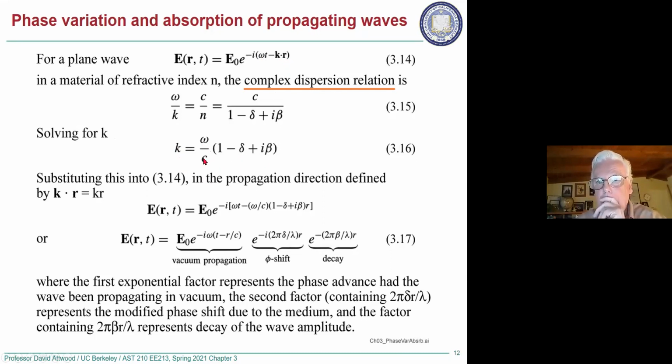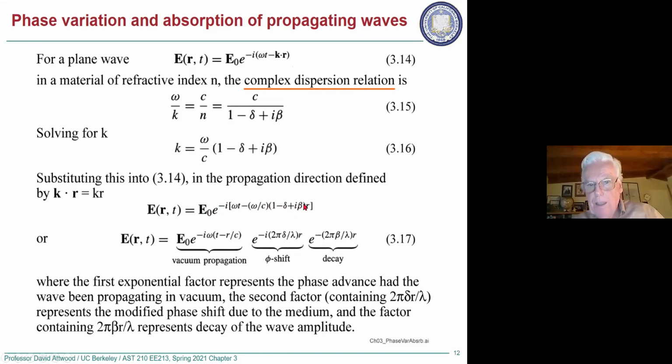So if we take this solution for k and put it up in here, just the one-dimensional version, this is what it looks like. We have the front term, e to the minus i omega t, and then all of this stuff, omega over c times all of these things.